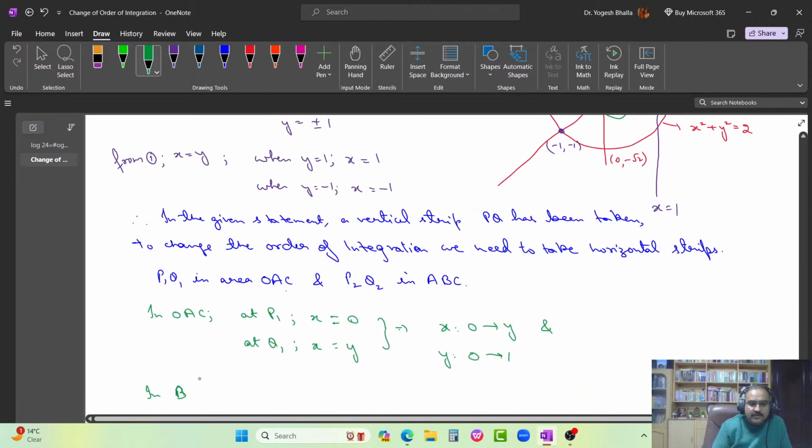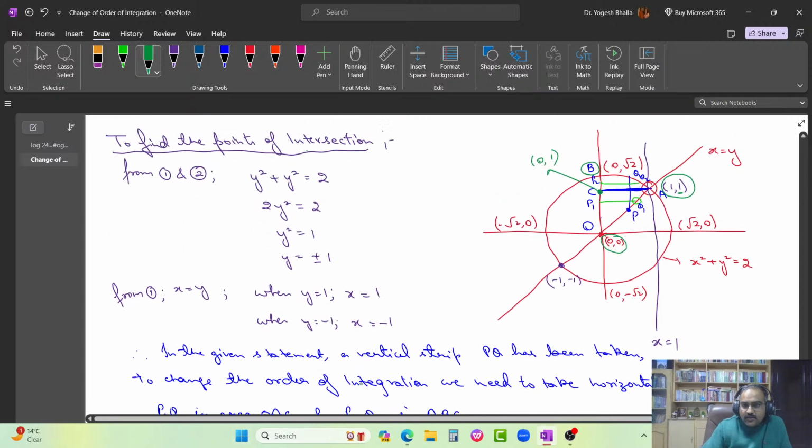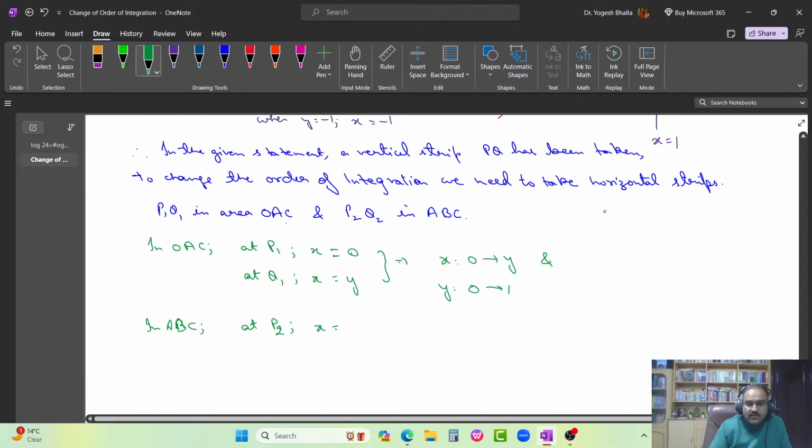Now in region ABC, at P2, what is the value of x? That is on the y-axis, so the value of x is equal to 0.